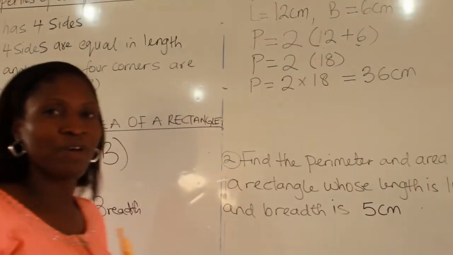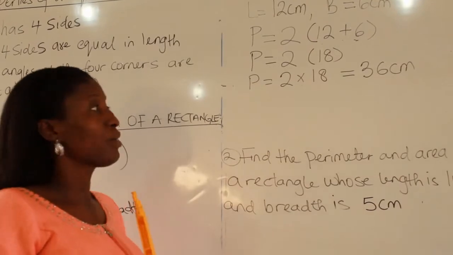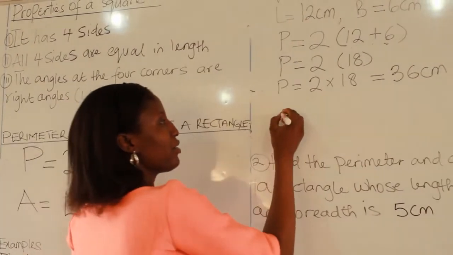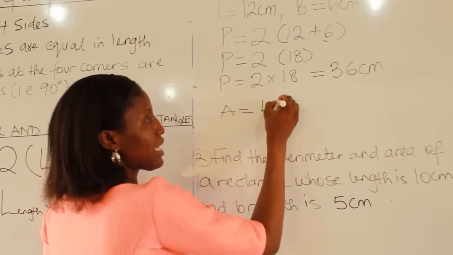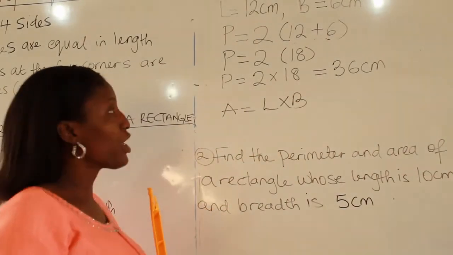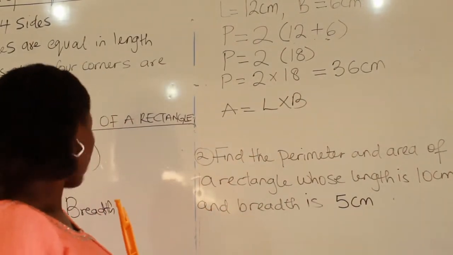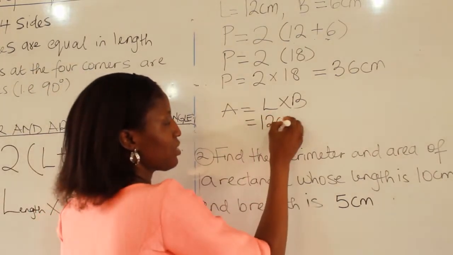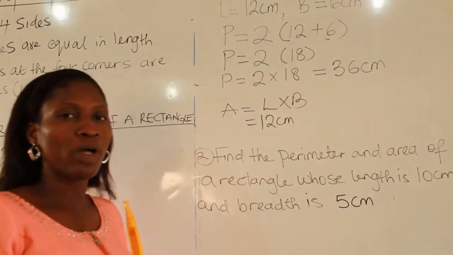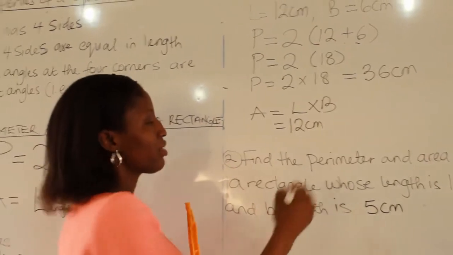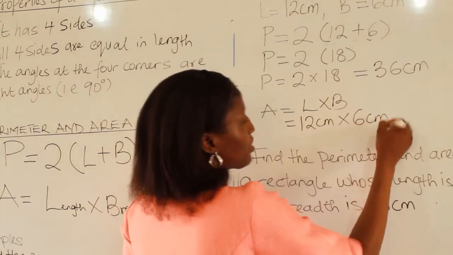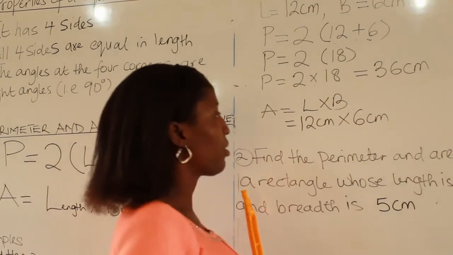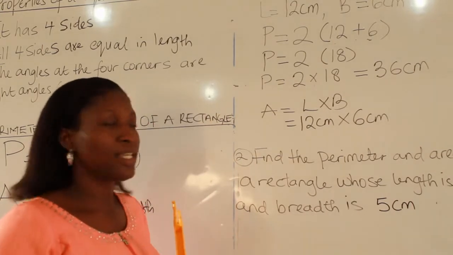We are also asked to find the area of the rectangle. And our area equals length times breadth. From the question given, our length equals 12 centimeters, and our breadth is 6 centimeters.